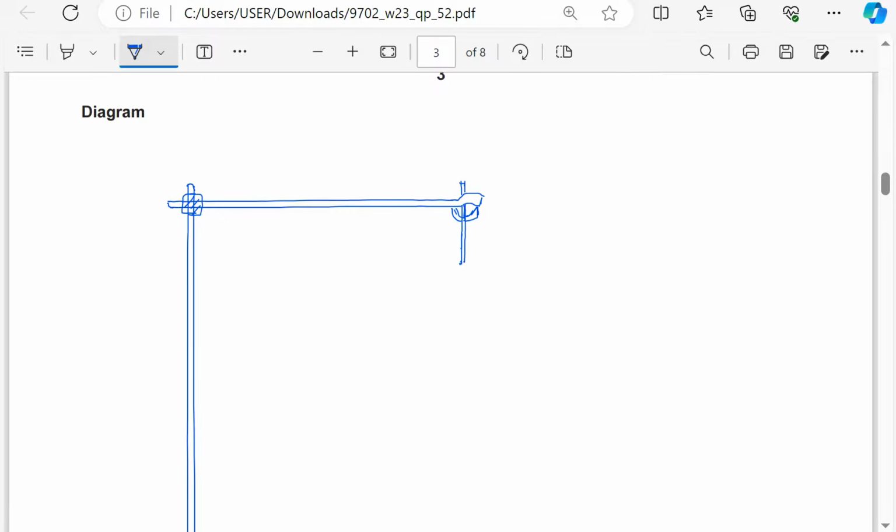I just want to show that this is a pulley which is being held here. If you have a pencil, you can draw something better.